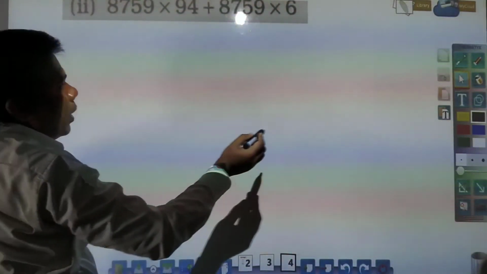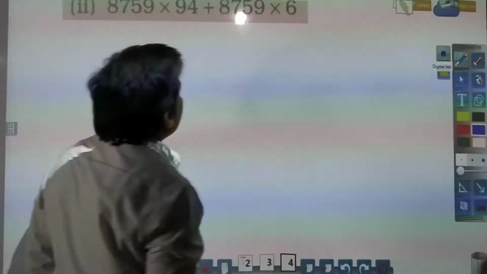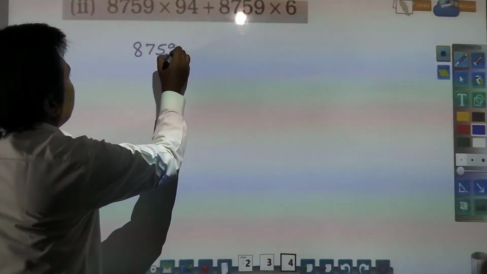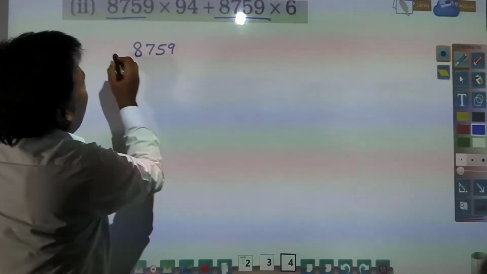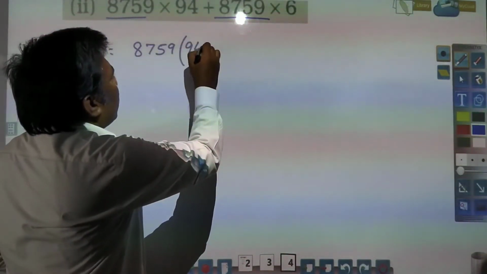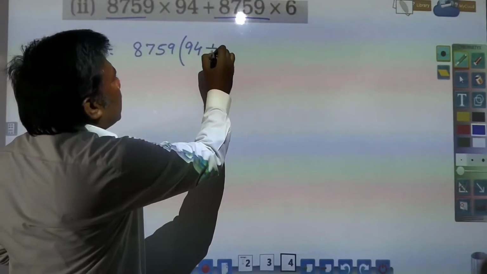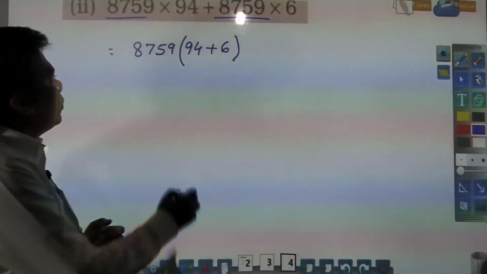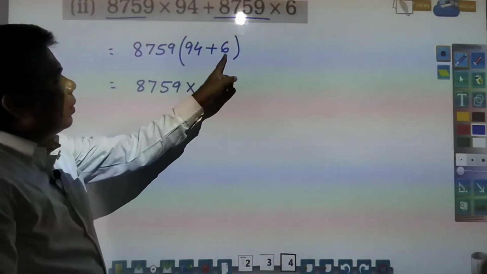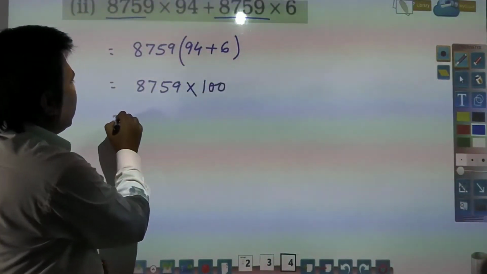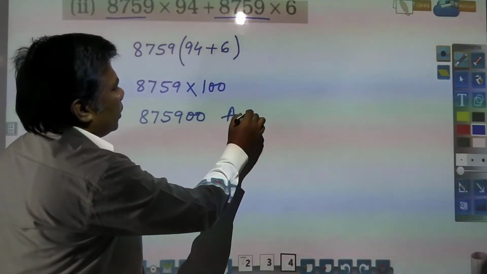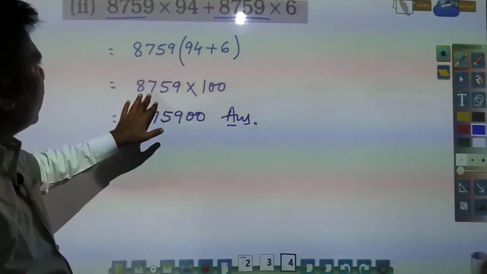Here you see 8759 is common in both, so common can be taken out, and here you are left with 94 plus 6. So this will be 8759 into 94 plus 6 is equal to 100, and you will get 875900, and this will be your answer. So in this way this is required to be solved.